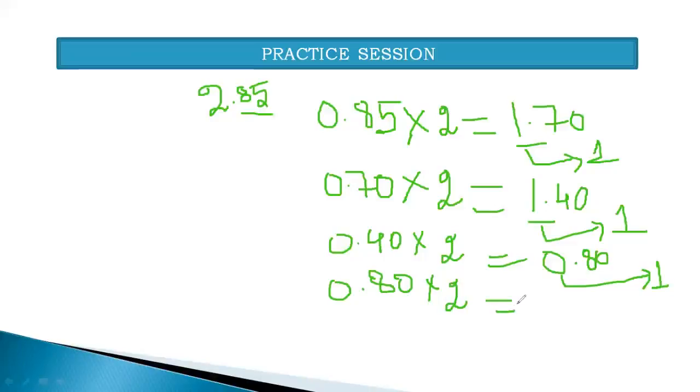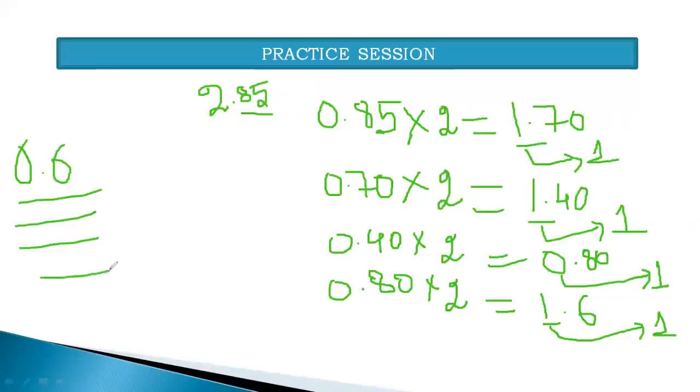You are going to get the answer 1.6. Extract the value. The extracted value is 1 and the new number will be 0.6. So this calculation will be continued until we get a recurring value, where the same value is repeated, or until we get the resultant output of 0.0.